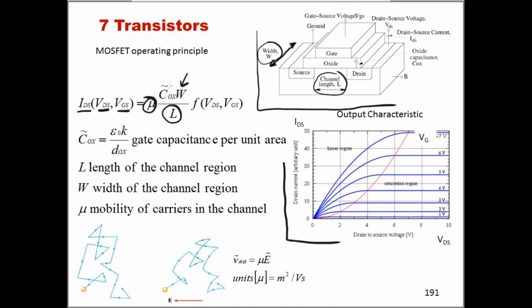And lastly, we should also expect that the capacitance of the gate stack, COX, of the oxide should be at the numerator. And the reason is that, as we've said previously, the transistor is a field effect device, and so it is the capacitance of the gate stack that is effectively driving the device itself.